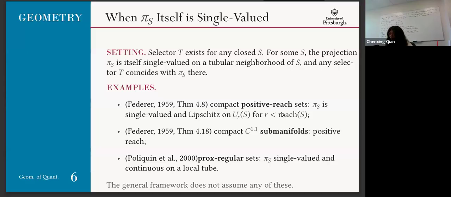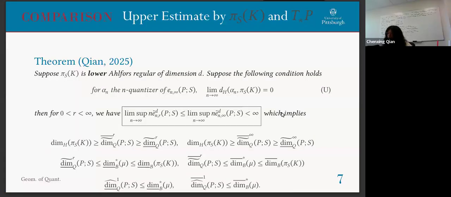So the next page is the main theorem about the upper asymptotics. We impose a geometric condition U here, which means there exists an infinite sequence of quantizers which approximates the projection pi sk in the Hausdorff distance. And then we have an upper bound here.